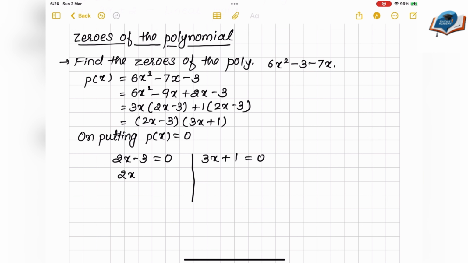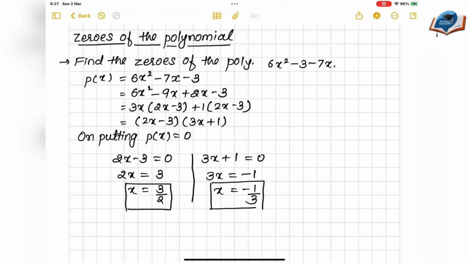So if 2x minus 3 is 0, 2x equal to 3, so x equal to 3 by 2. Then if 3x plus 1 equal to 0, 3x will be equal to minus 1. So x equal to minus 1 by 3. So these two are called zeros of the polynomial.